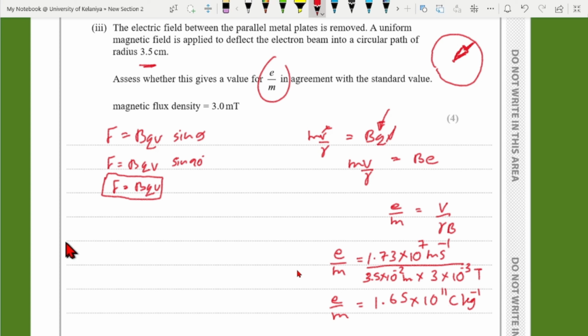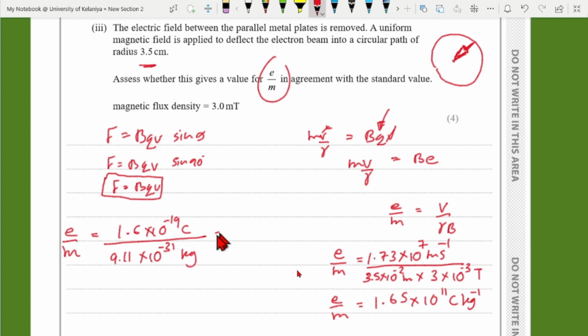So now I am going to calculate the theoretical, the real value. Here the standard value: the charge of an electron is 1.6 times 10 to the power minus 19 coulombs, and its mass is 9.11 times 10 to the power minus 31 kilograms.